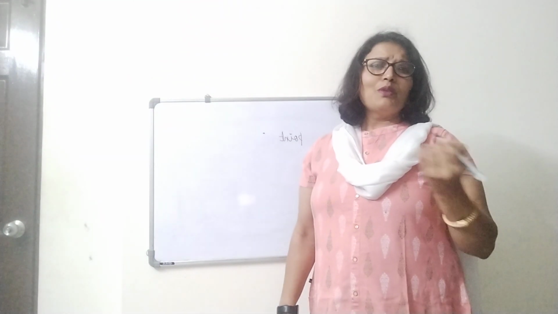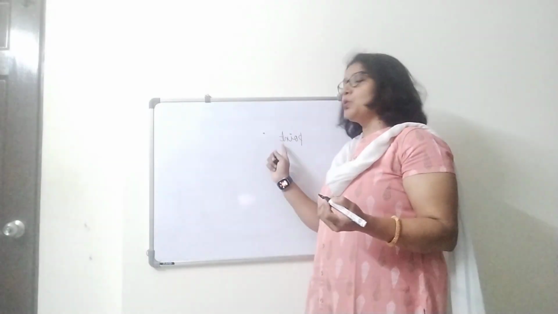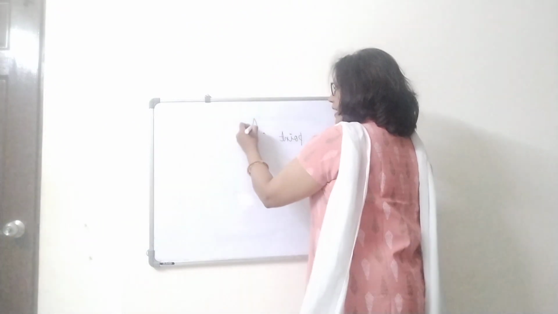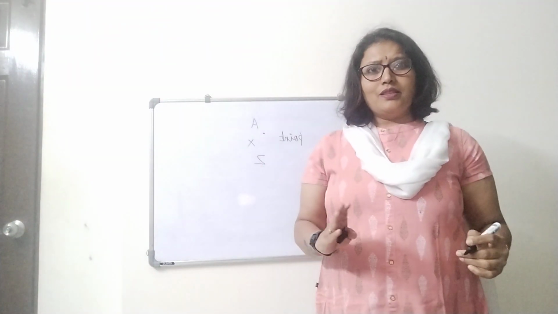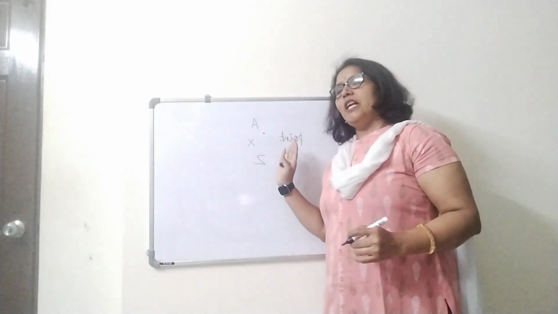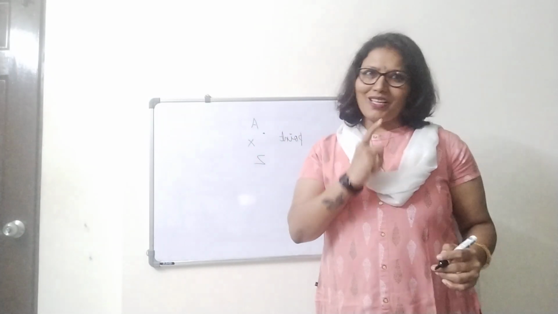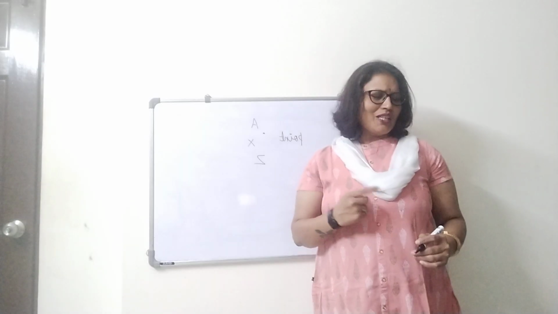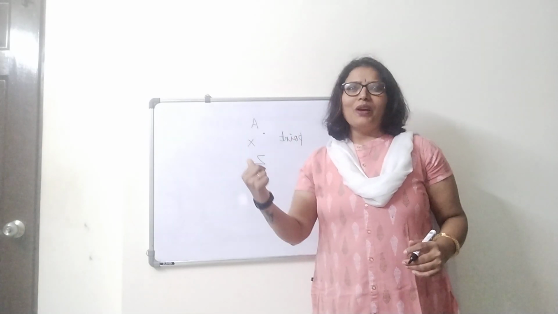From any alphabet you can take any letter to show the points. You can use A, X, Z, any capital letter from the English alphabet to show the points. Hope you understand what a point is. It is the exact location on a plain sheet of paper.